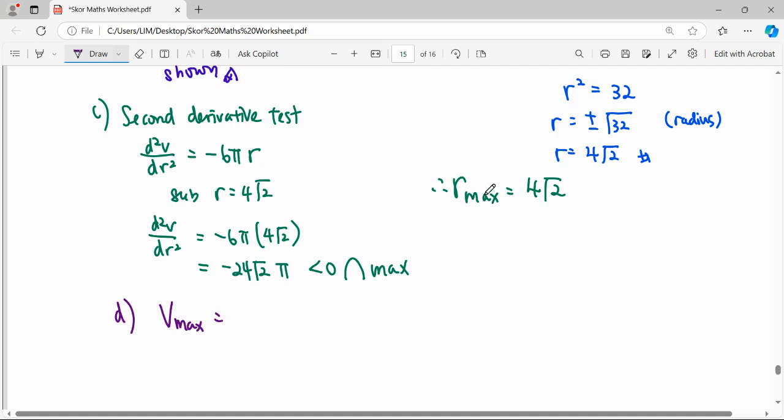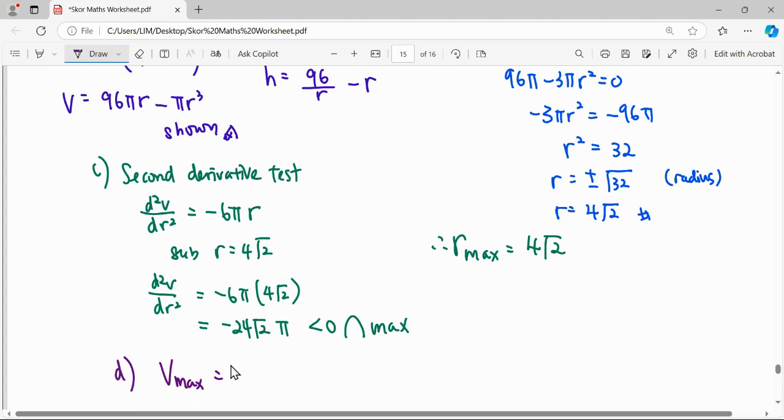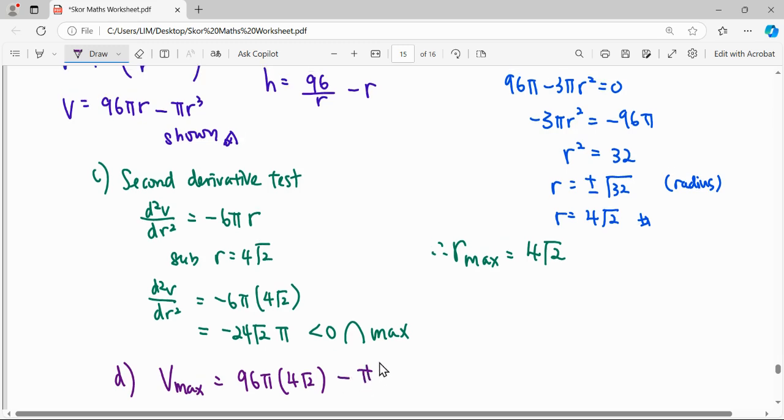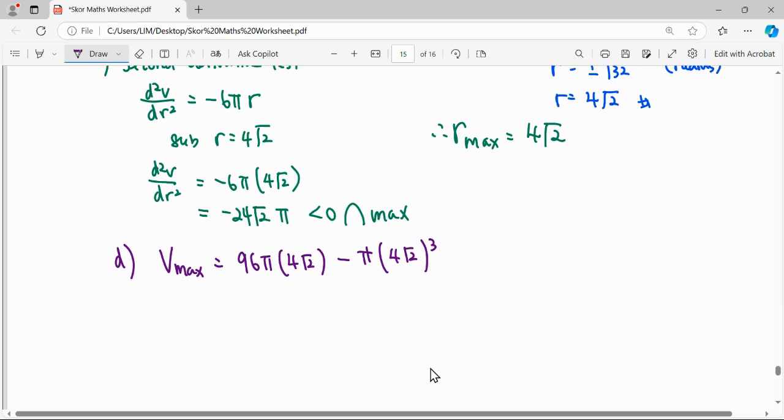We will use the maximum radius here to calculate our maximum volume. So here we have.